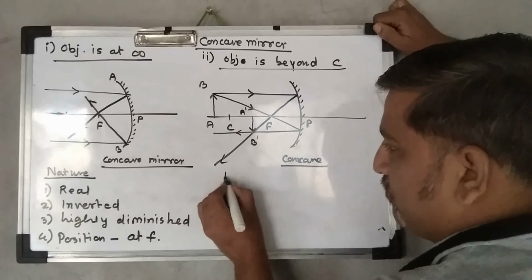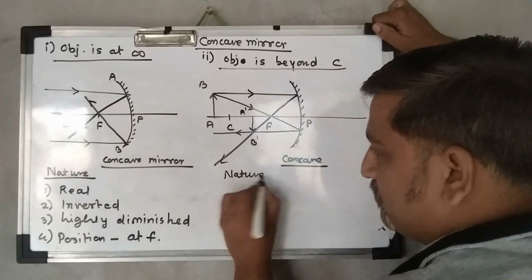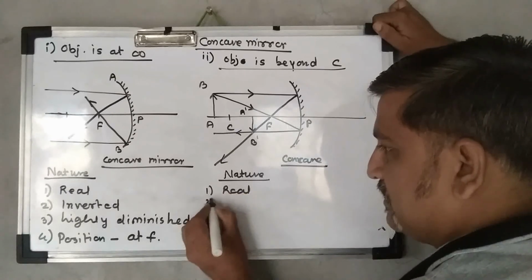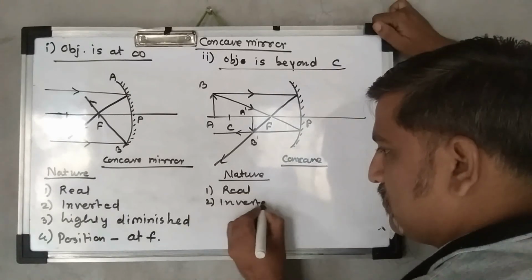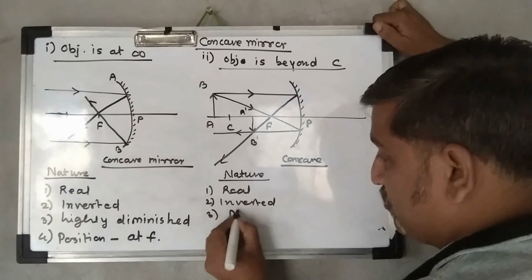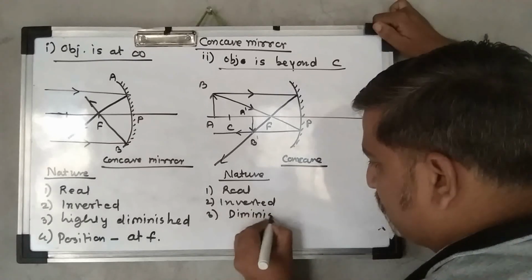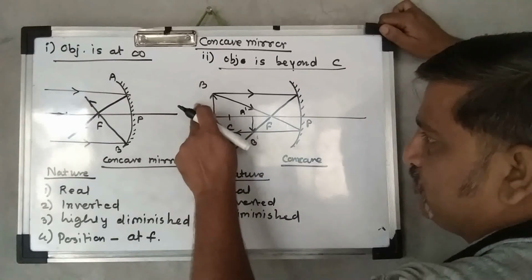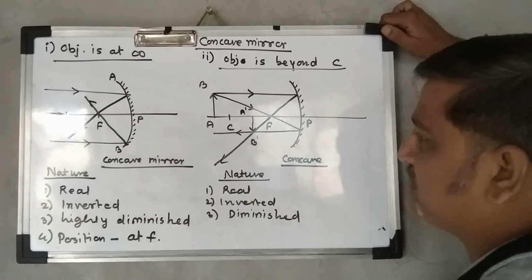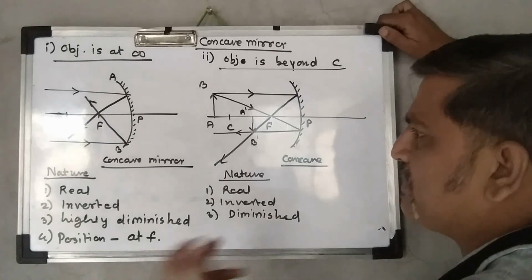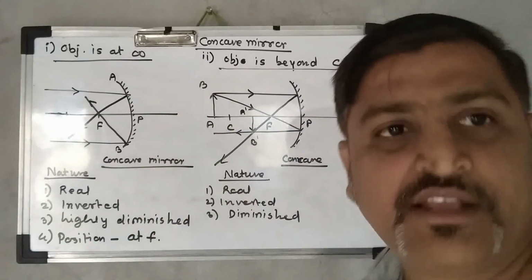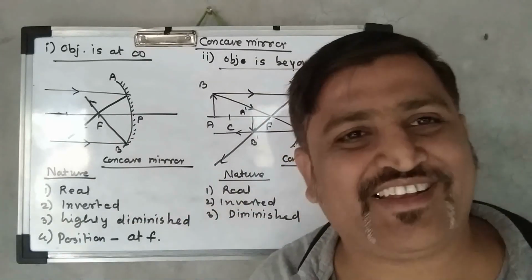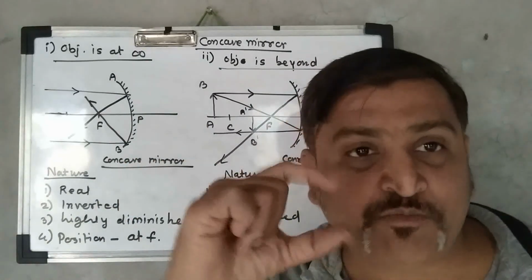Now, what about the nature? I say this is a real one. Second, it is inverted. Third, it is diminished, not highly but diminished. Diminished means it is smaller than the object. If the object is 3 cm, you can see the image as 2 cm. You can take a 2 cm or 3 cm object while drawing the ray diagram, and you will get a smaller image.